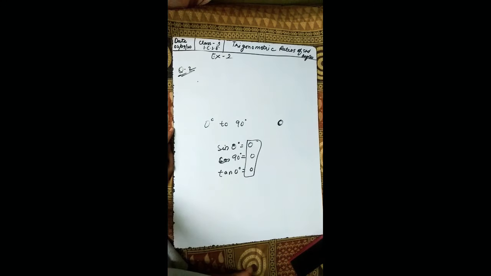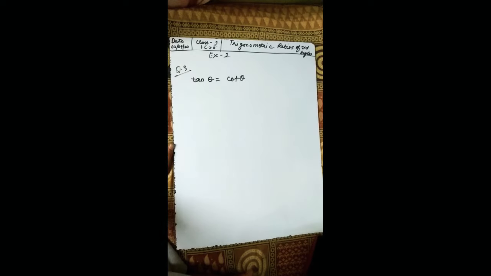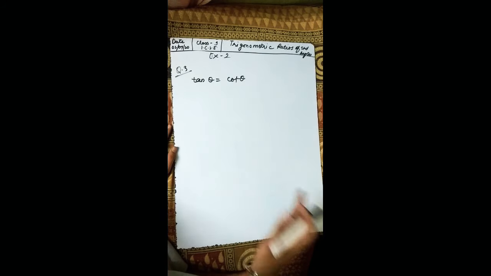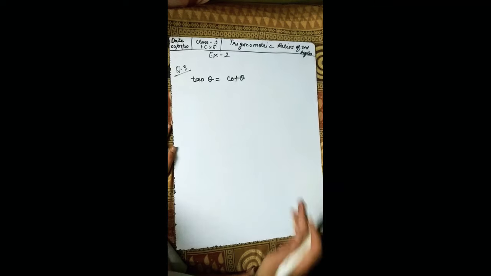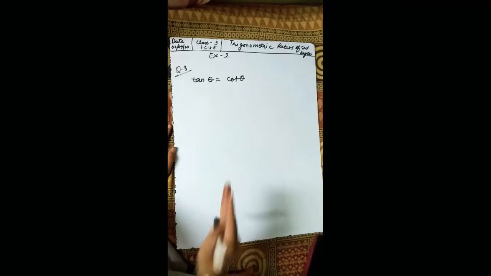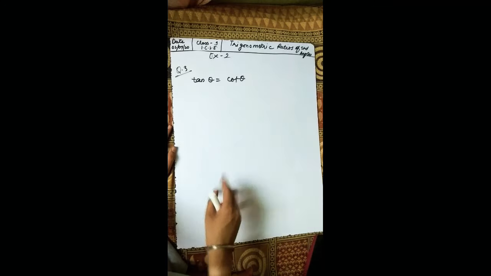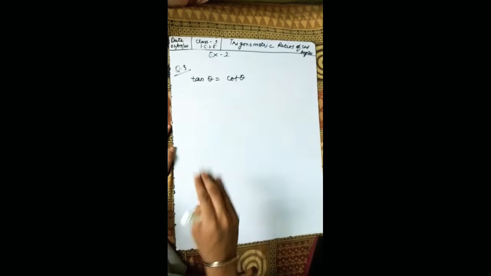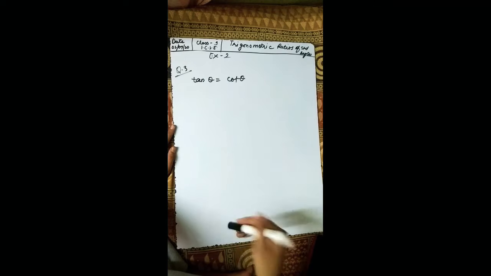Okay, so now comes the third question. In each of the following cases, what is the angle theta? Your theta lies between 0 degree to 90 degree, for which the pair of trigonometric ratios are equal. Now you have to answer at which angle your tan and cot are both the same.